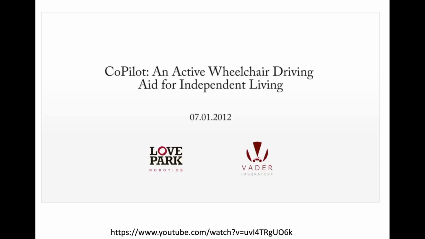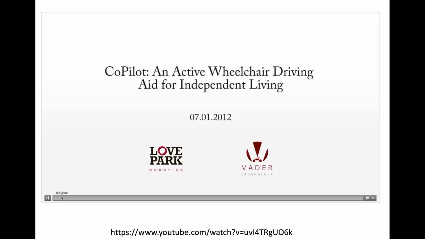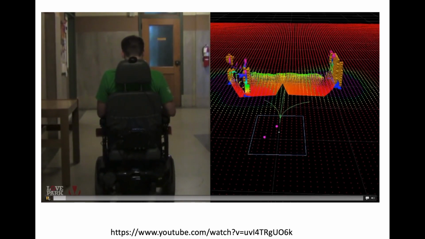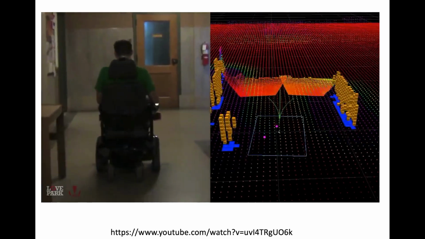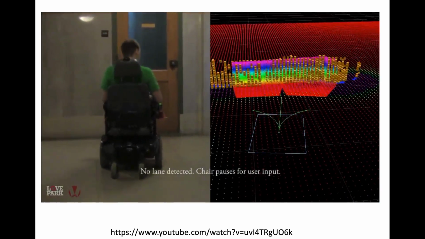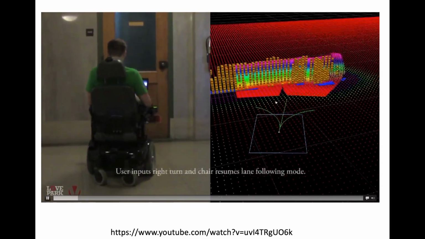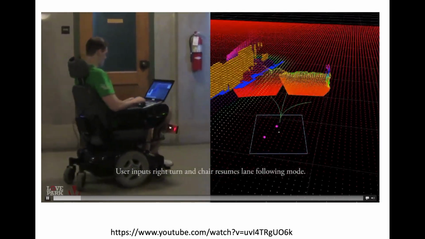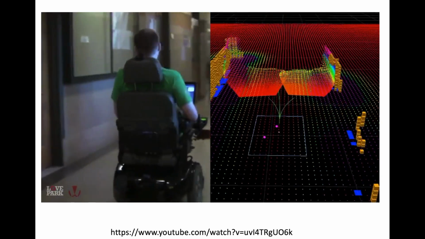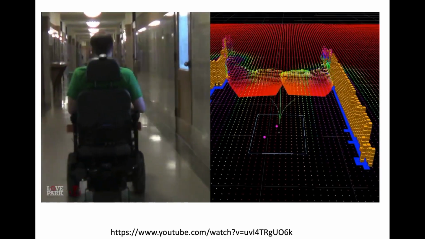Okay, so this is another example. It's called Copilot, and in fact, the autonomous wheelchair in my lab is inspired by this work. And this uses 3D cameras, and these 3D cameras are returning back in this inset a rendering or drawing of what the distances look like in front of the 3D camera.